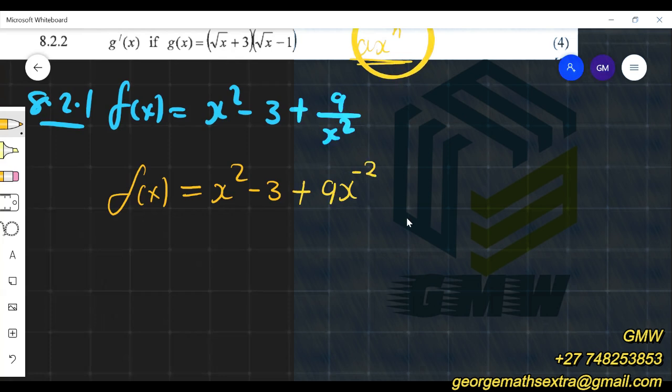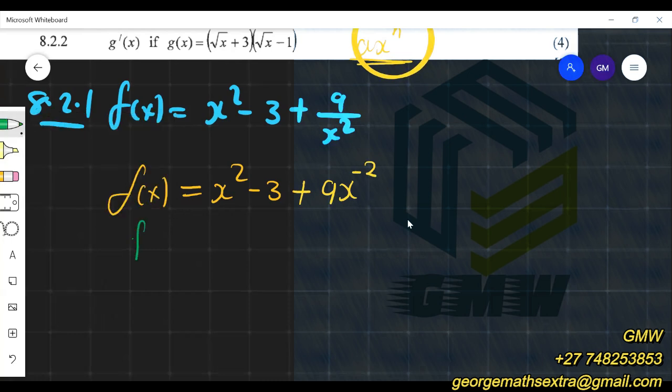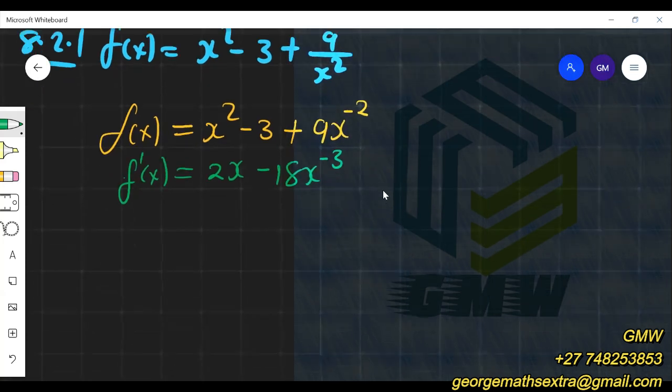Now that we have prepared it, we can do the differentiation. We can now say f prime of x is equal to, now differentiate it for me. 2x minus 0 minus 18x to the power minus 3, right?